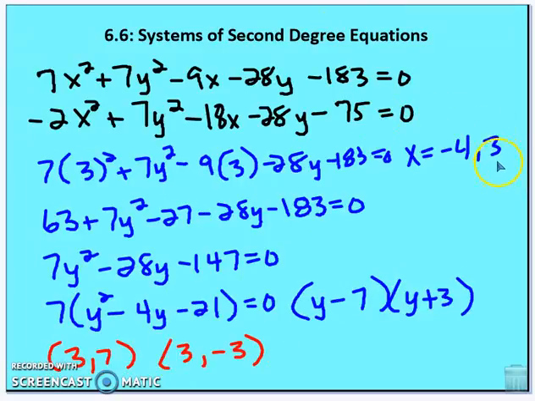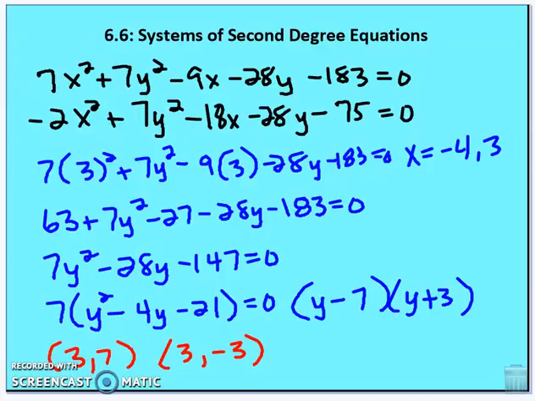And now I'm going to do the same thing for 3, substitute 3 in for x and solve for y. I'm going to express these values, simplify, distribute the common factor, and factor the quadratic, and end up with (3, 7) and (3, negative 3).